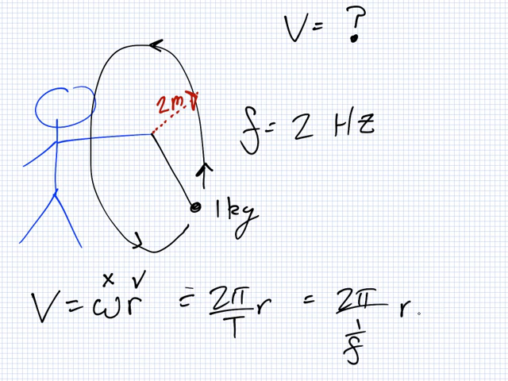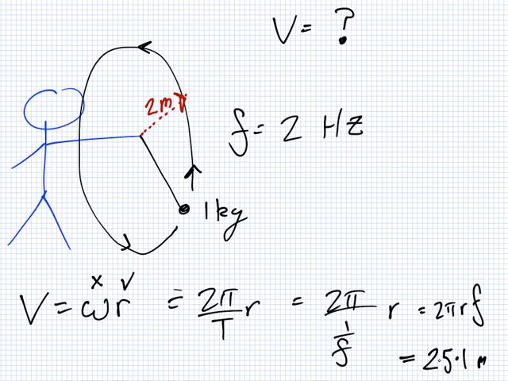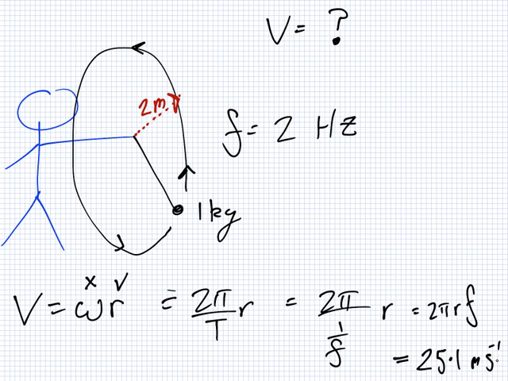So we can say this is 2 pi R F, which will be, R is 2, F is 2, 2 times 2 times 2, 8 pi, 24.5? No, 25 is it? 25.1 meters per second is the answer.